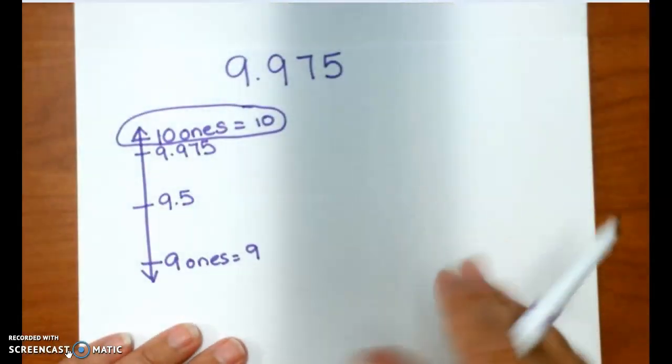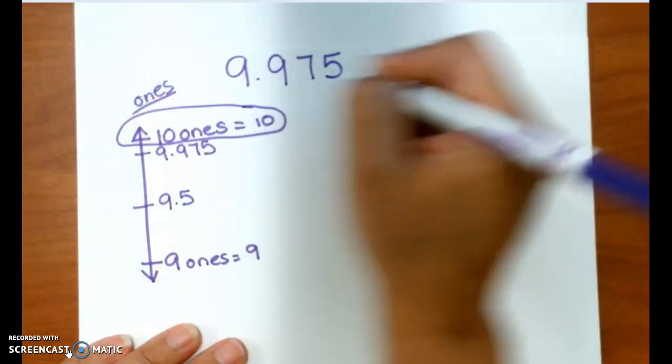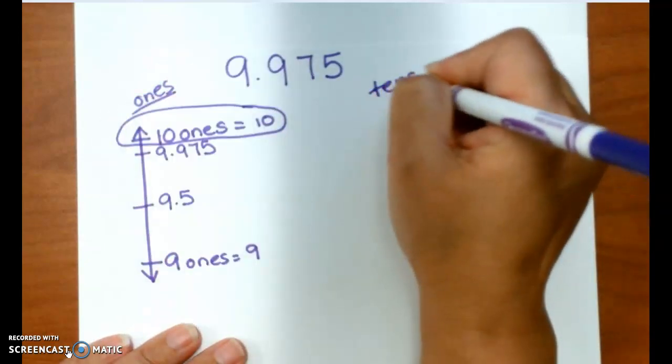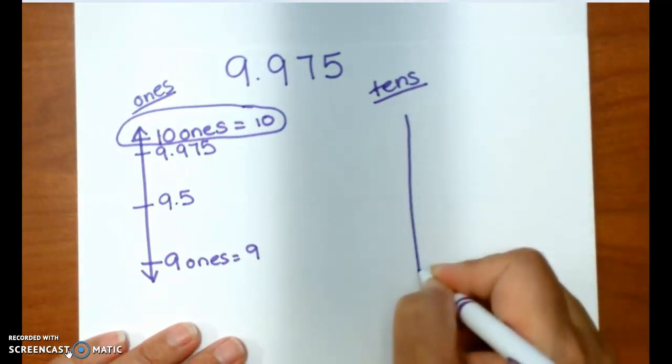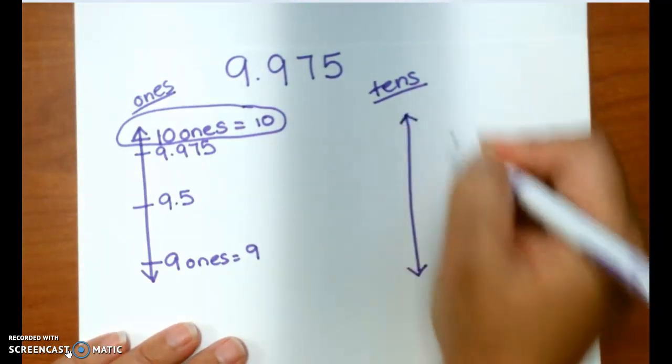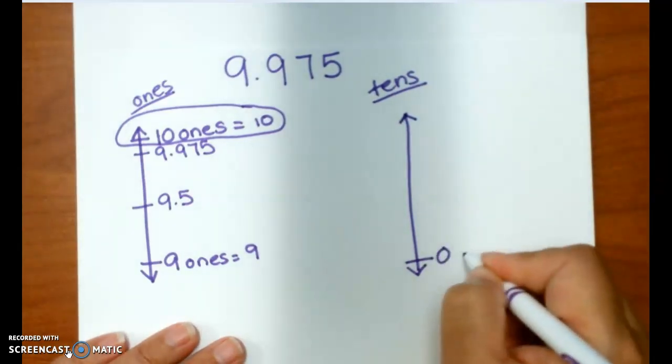Now, this is ones. Next I'm going to do tens. So if I want to round it to the tens, how many tens do I have? I don't have any. So I have 0 tens.